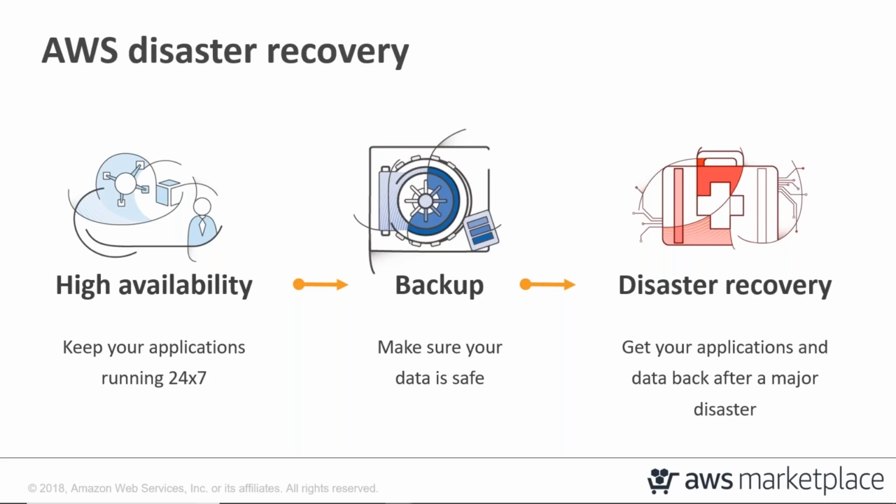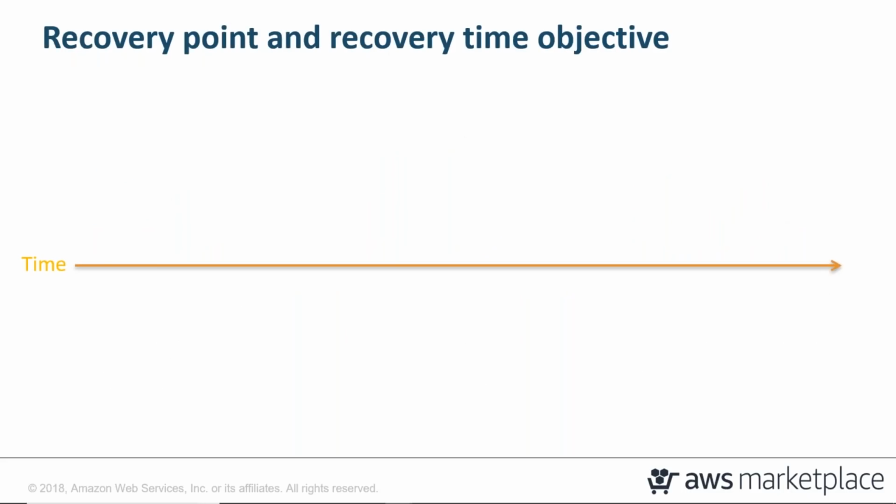A couple of the key concepts when we talk about disaster recovery are what we call recovery point and recovery time objectives, or RPO and RTO specifically. From a time perspective, the recovery point is when you want that data from. It's the furthest point that you're willing to lose access to a specific set of data.